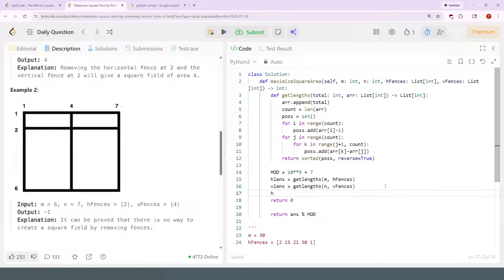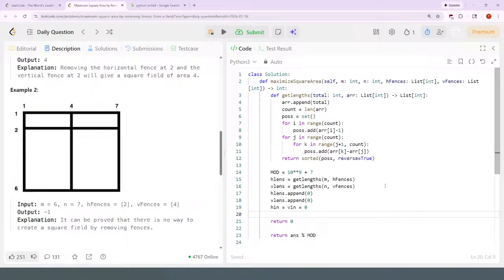Here I think I can do h lengths append 0 just to have a dummy backstop. That will be the same for both. Okay, so let's say h index equals v index equals 0.